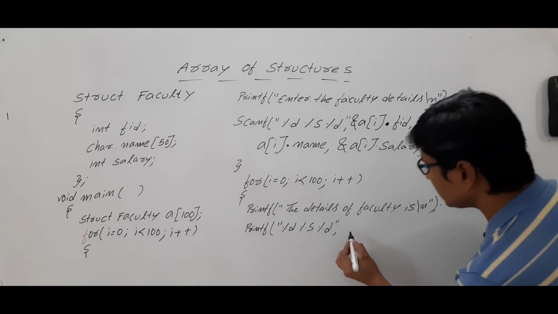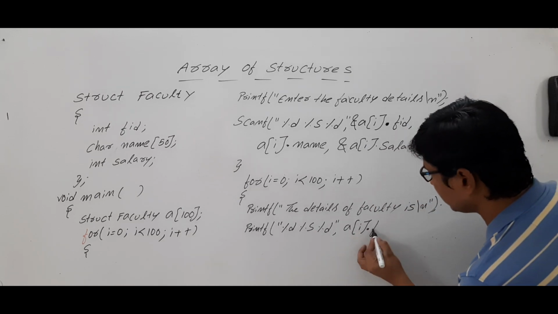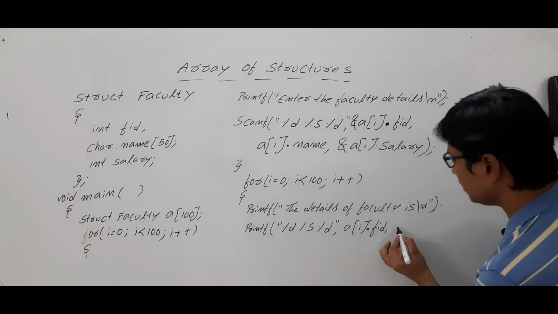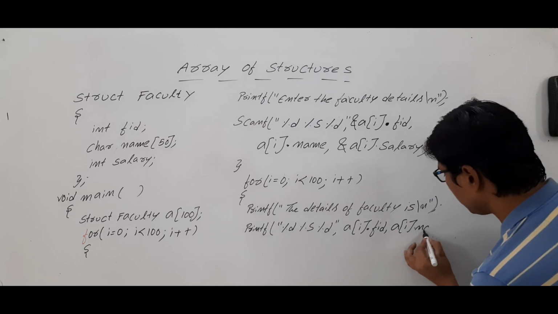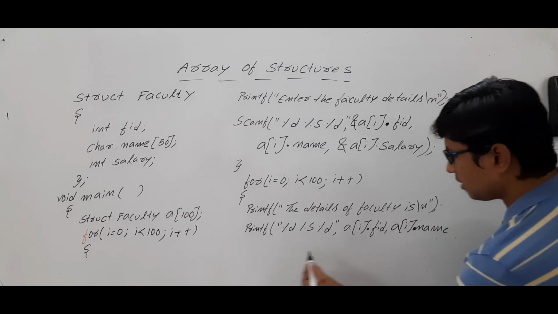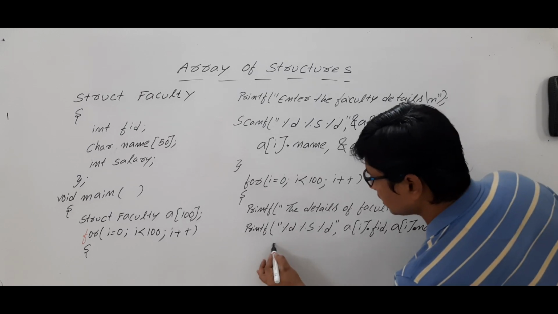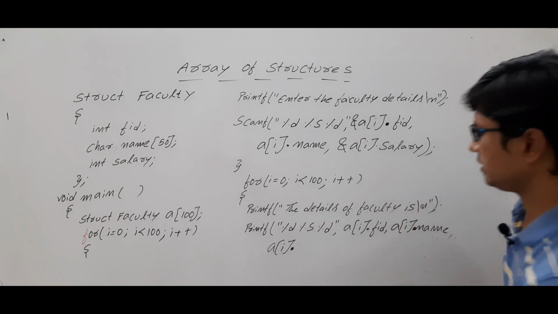Here what you will write: a of i dot FID, comma, a of i dot name. Are you able to understand? You have to use the dot operator, comma, a of i dot salary.